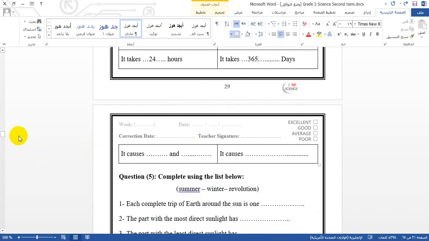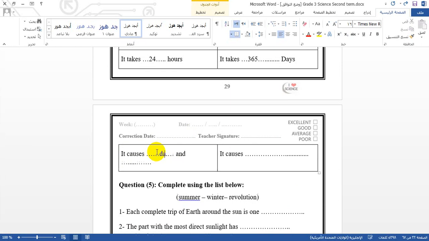Here, now he is asking you, it causes what exactly? The movement of the earth around itself, or around its axis, causes day and night. What about here?